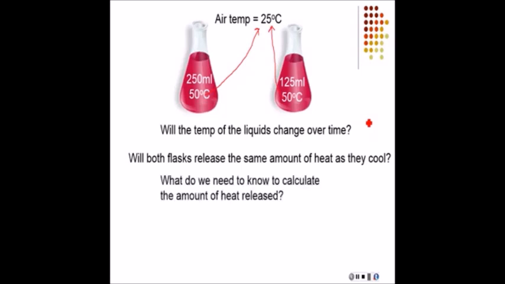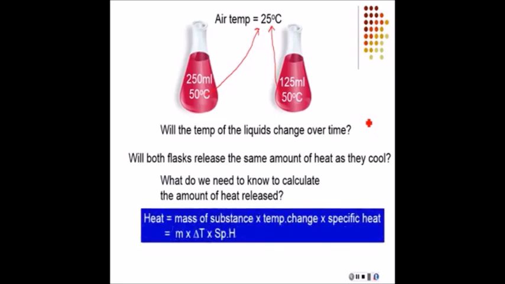Well, how could we calculate how much heat they would produce? What do we need to know? So here's our formula. You want to jot this down now. We need to know the mass of the substance that's going to be releasing the heat. We have to know the temperature change it's going to undergo, and we have to know a property called specific heat, and that tells us whether the substance will release a lot of heat or a little heat.